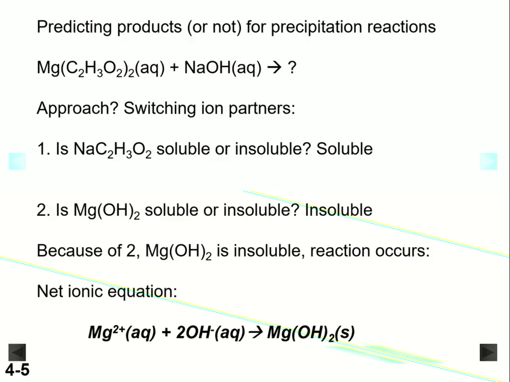Magnesium hydroxide, like we said in our last video, is in milk of magnesia. Because magnesium hydroxide is insoluble, we do indeed see a reaction occur. And the net ionic equation is Mg2+ plus 2 hydroxides goes to Mg(OH)2 solid. And then the acetate and sodium are spectator ions.